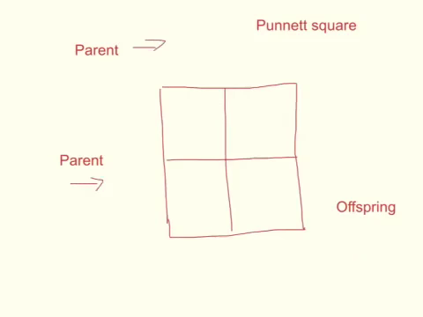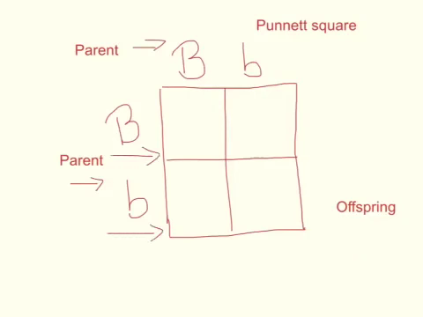So let's start by doing a heterozygous parent, big B, little b, and a heterozygous parent over here, big B, little b. And then we're going to need to fill in the letters. The letters will go across, and these letters will go down.